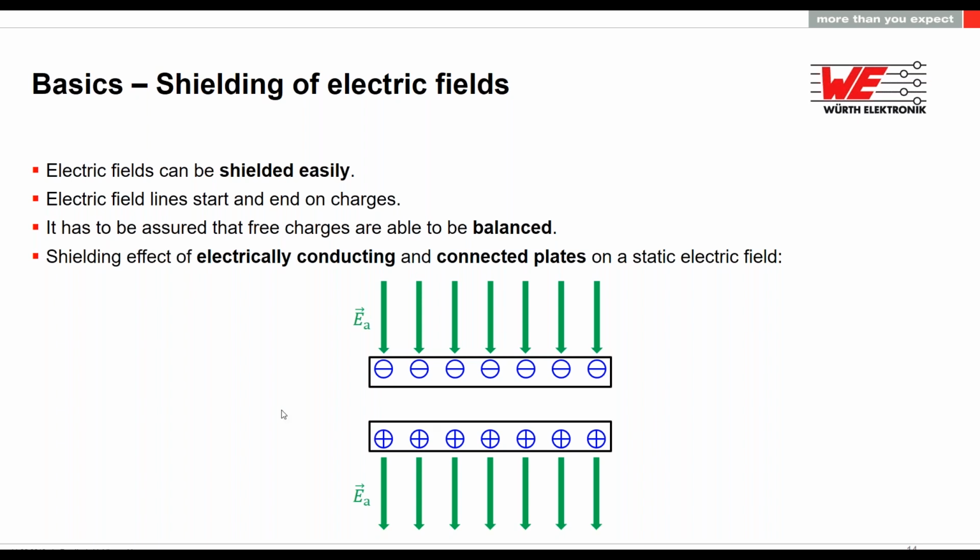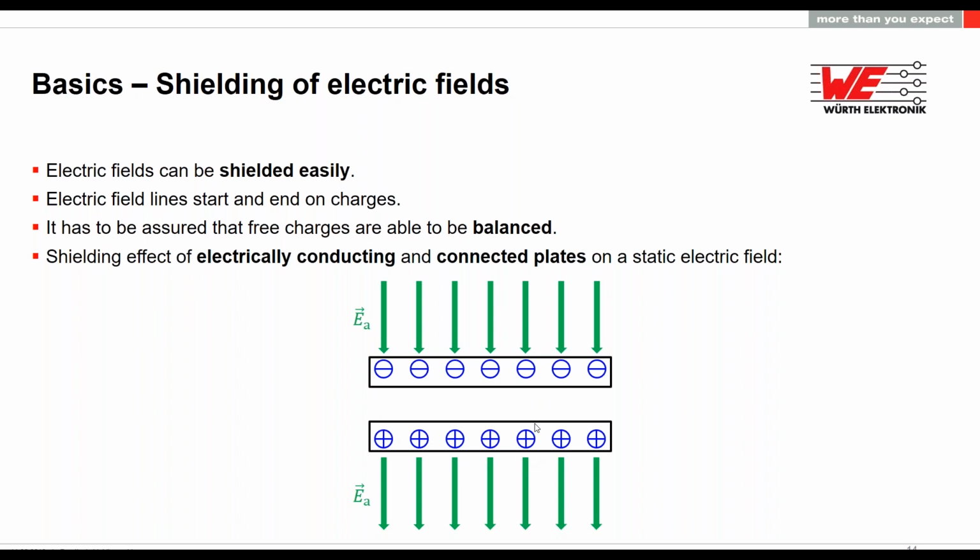We have two ways of achieving this. Either we can have really good isolation between them, or, and this is the most common way, we have a very low impedance between these two. If we have a very low impedance between these two surfaces, the electric field doesn't have a difference of potential, so we don't have two charges.